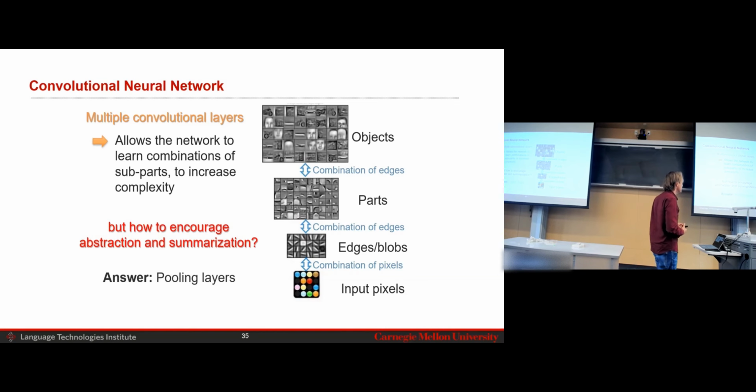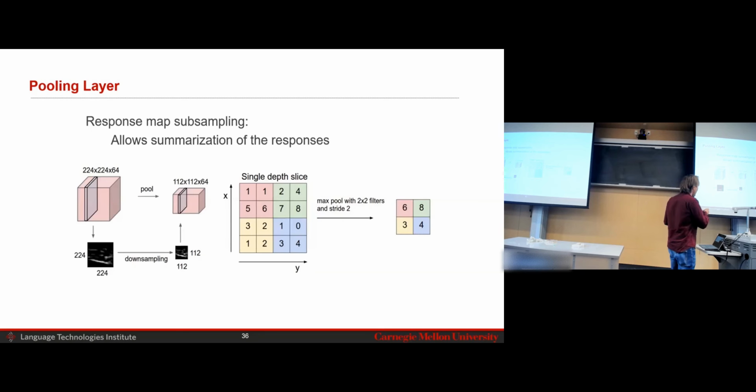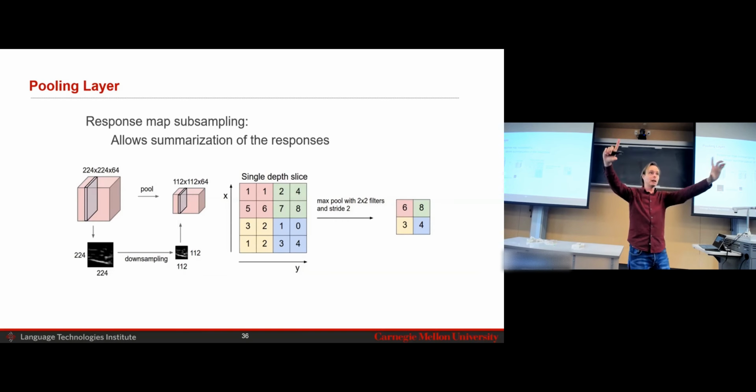Really what it means is that I have the response map. If I get an image of 640 by 480 and run it through my first layer of convolution, what is the size of my response map? 640 by 480, the same size.